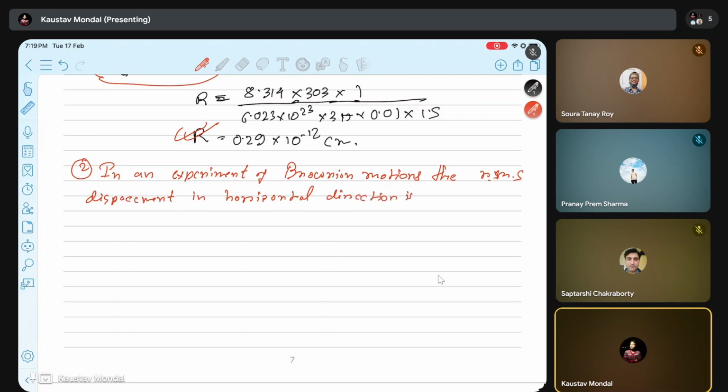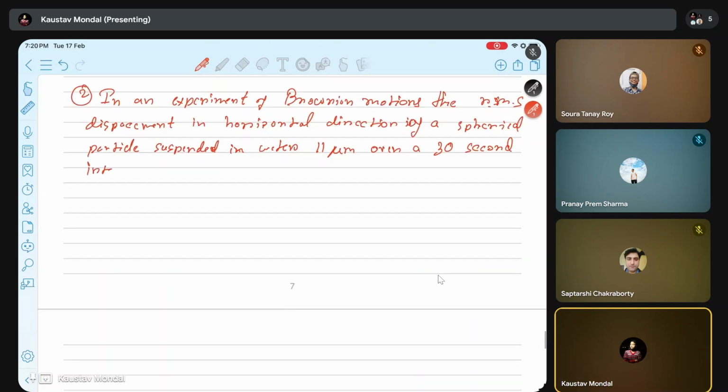of a spherical particle suspended in water is given as 11 micrometer over a 30-second interval at 27 degrees centigrade.